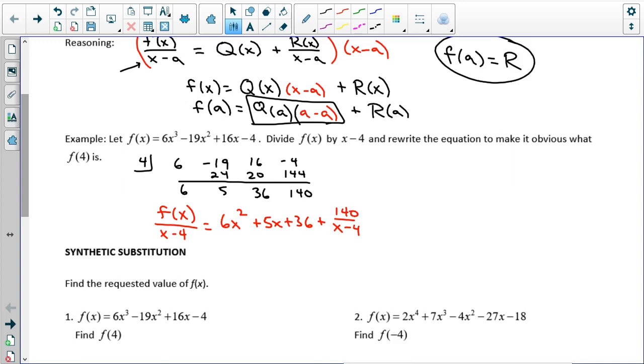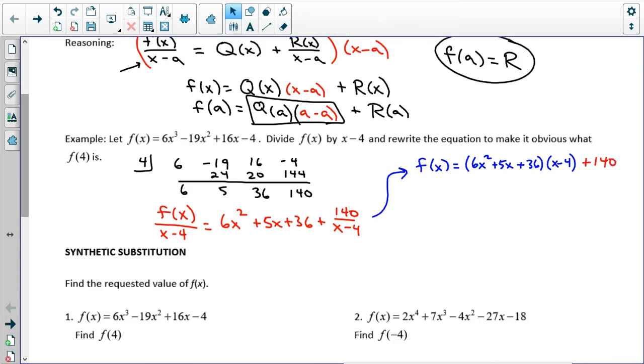I could then rewrite that to get f of x all by itself. So f of x, I'm going to multiply x minus 4 all the way over. So I have 6x squared plus 5x plus 36 times x minus 4 plus 140.